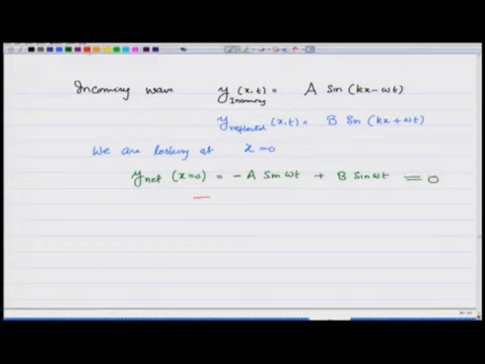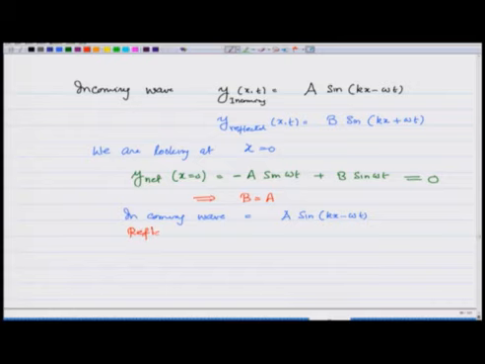What does this tell me? This tells me that B equals A. So, what do we have? We have the incoming wave equal to A sine of kx minus omega t, and the reflected wave equals A sine of kx plus omega t.